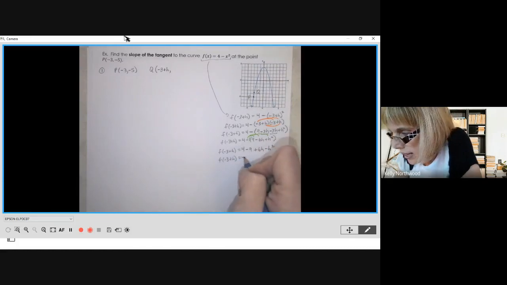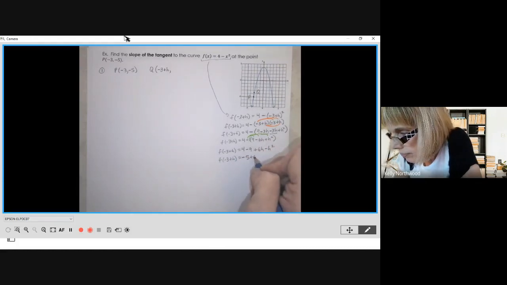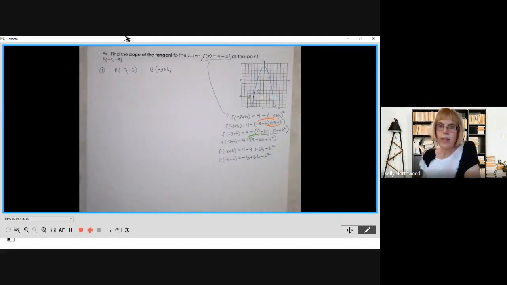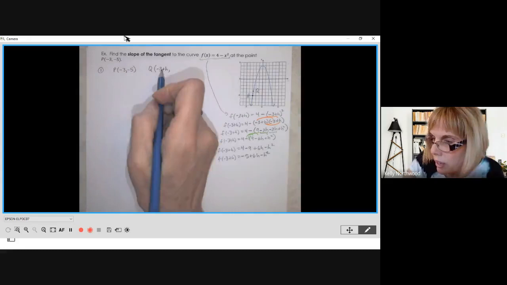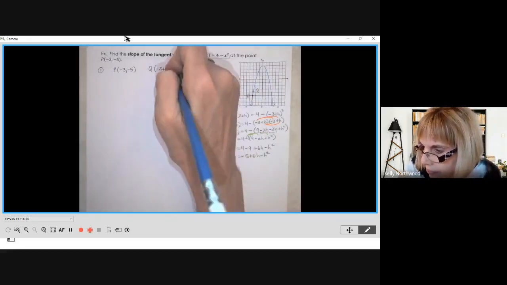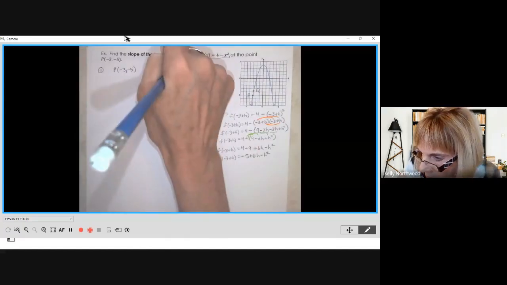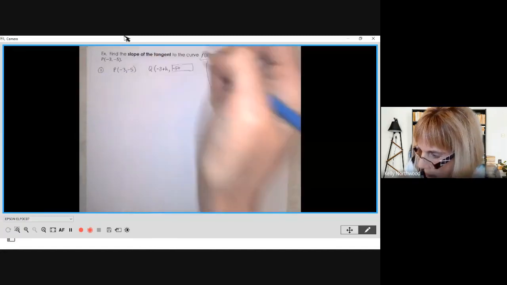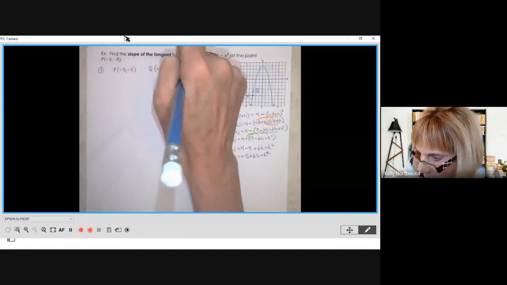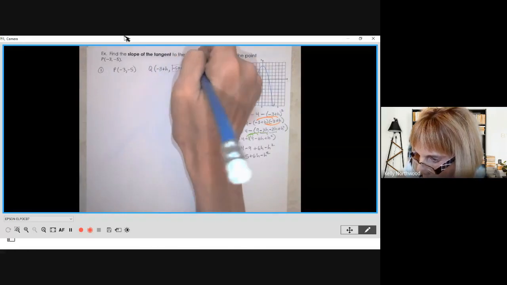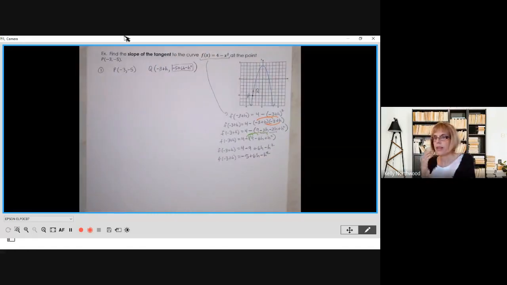Four minus 9 is -5. So all that work was just to get this y value that goes here. And it turns out that it's -5 plus 6h minus h squared. So the first step was to set up P and Q, and that's what we did.